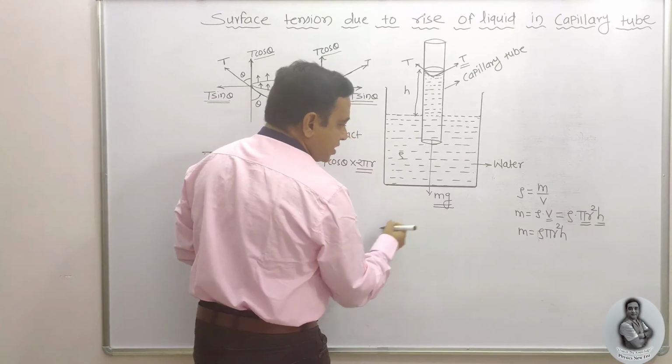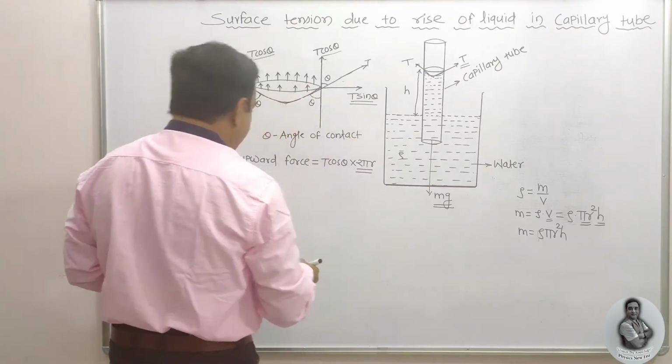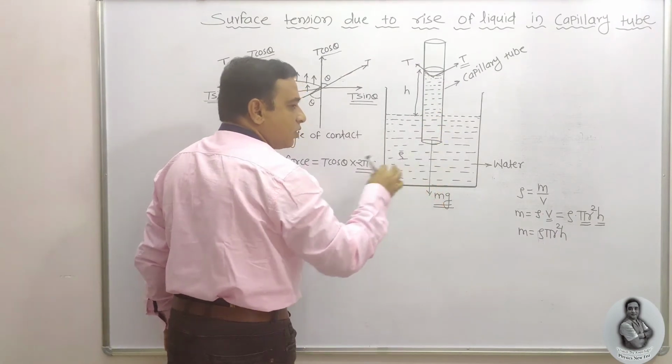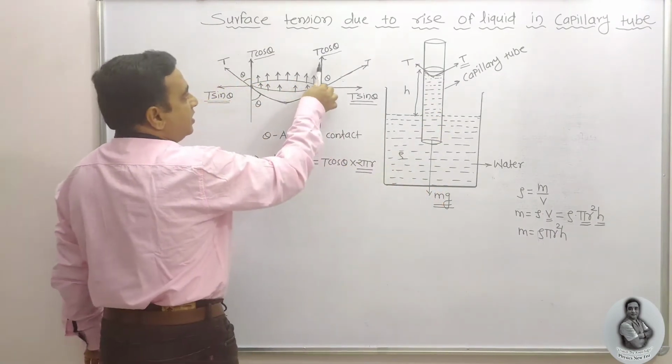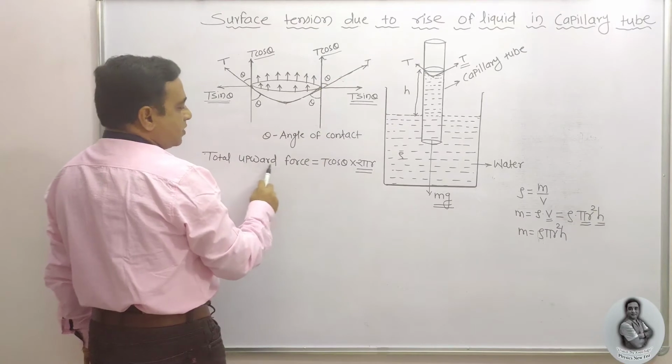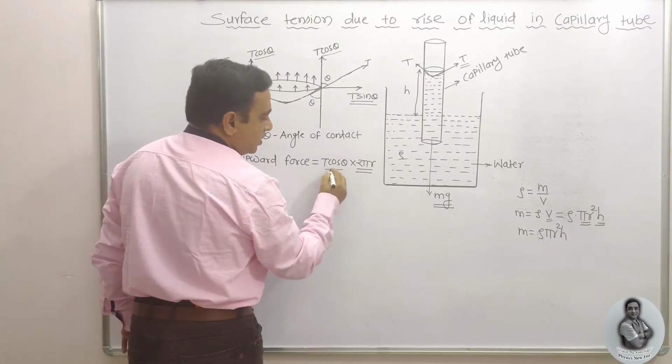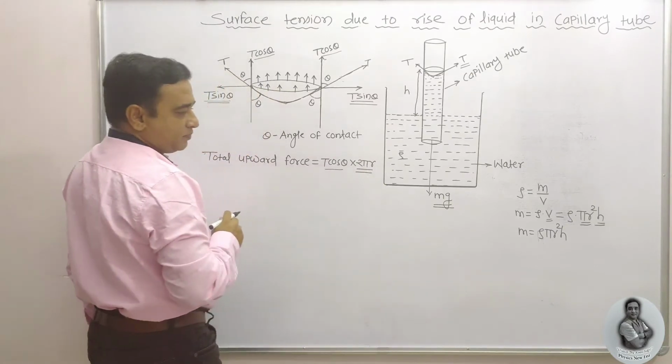So what about the mg? The weight which is pushing the total liquid to the lower side, and T cos of theta, that is the upward force acting on the liquid, is equal to T cos of theta into 2 pi r.